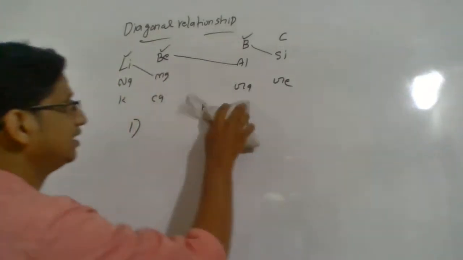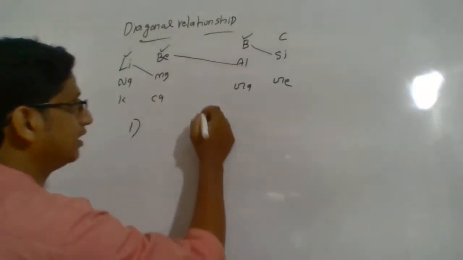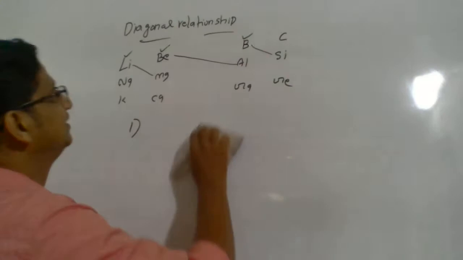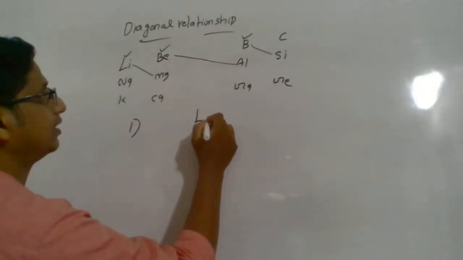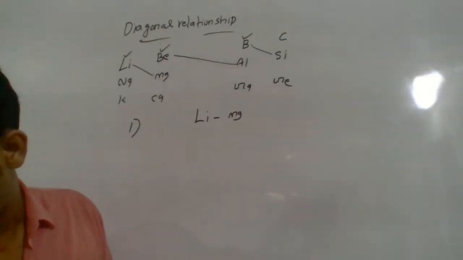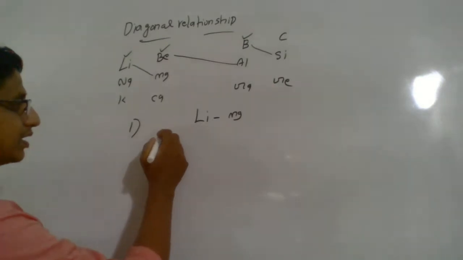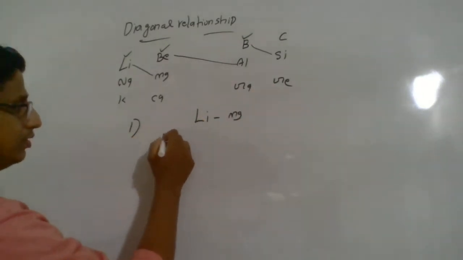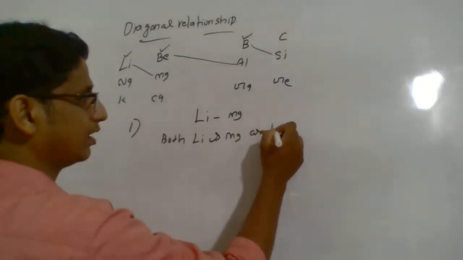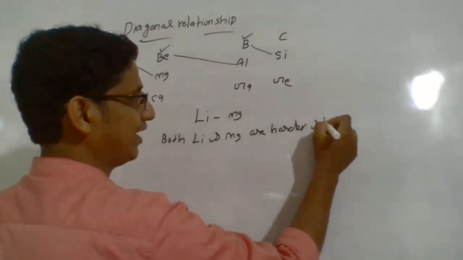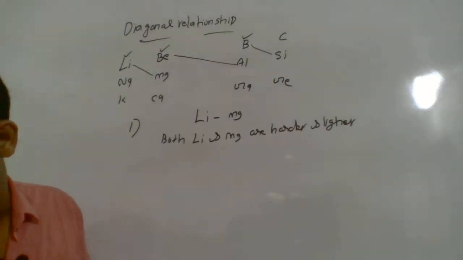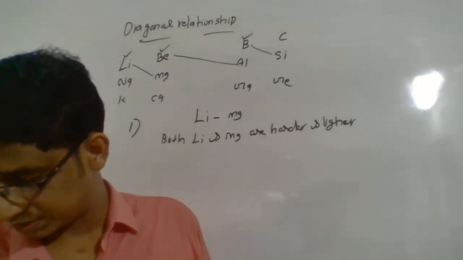First one: both lithium and magnesium are harder and lighter compared to other metals. So that's the first point you can remember, both are harder and lighter compared to other elements.